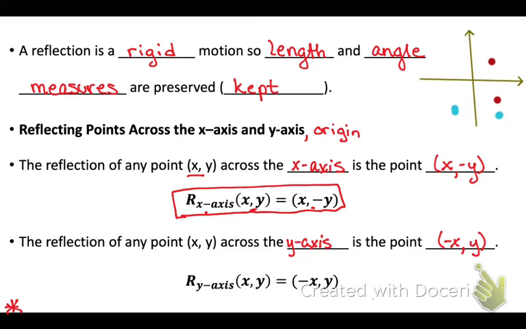So you just take the point and you make the x negative. If it was negative, you make it positive. Makes sense?